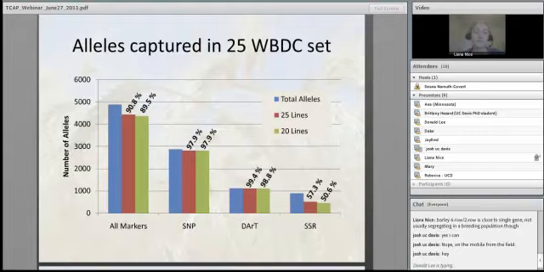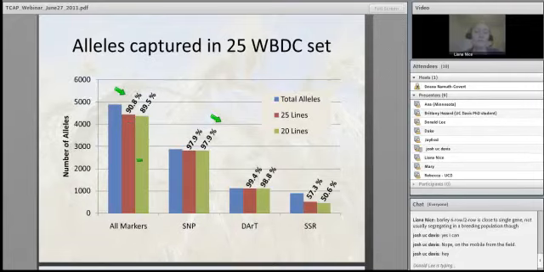So here you can see the total alleles in the 318 wild barley in blue. And then in red is the percent of alleles captured by 25 lines, and if I were to bump that down to only 20 lines, it decreases a little bit.